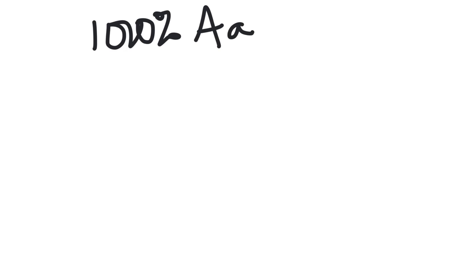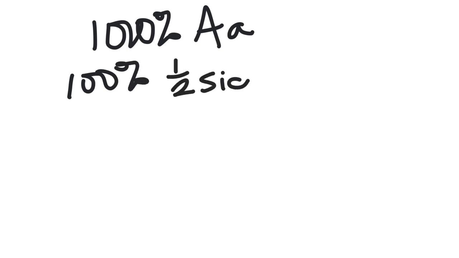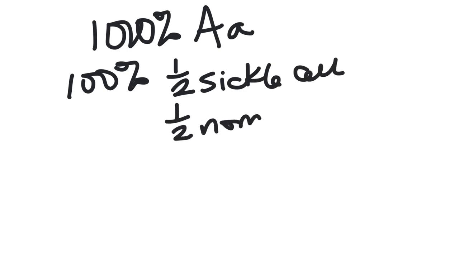For their phenotype, they are 100% this in-between look. So we'll call it half sickle cell, half normal. And here, you really wouldn't know what this looks like unless you take a blood sample of this person.